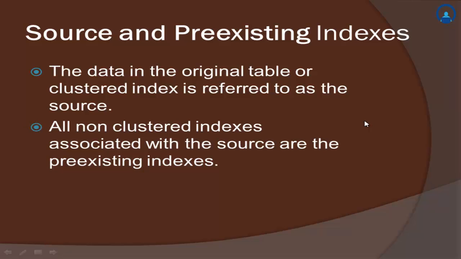For example, when a clustered index having associated non-clustered indexes on a table is rebuilt online, the clustered index is referred to as the source, whereas non-clustered indexes are referred to as pre-existing indexes. During the rebuild process, the pre-existing indexes are available for queries and modifications by the user.